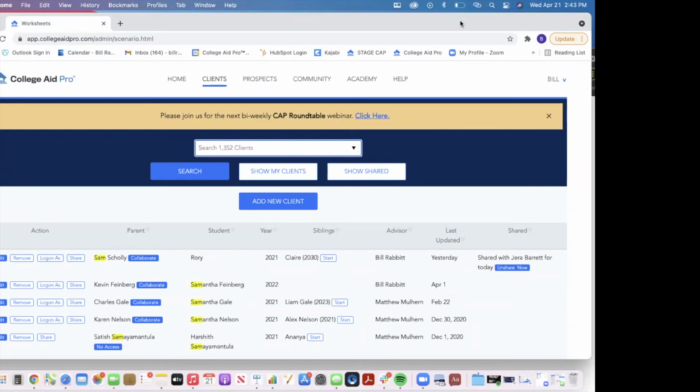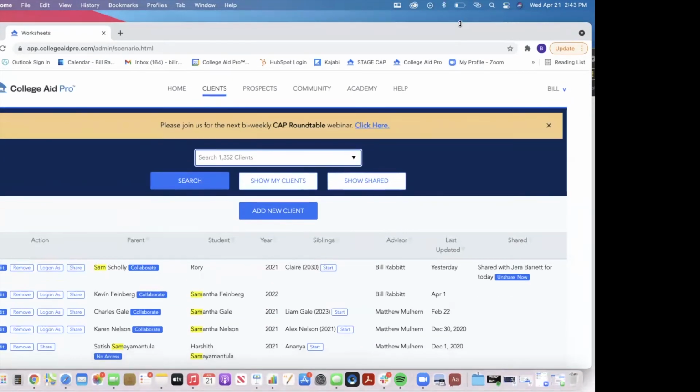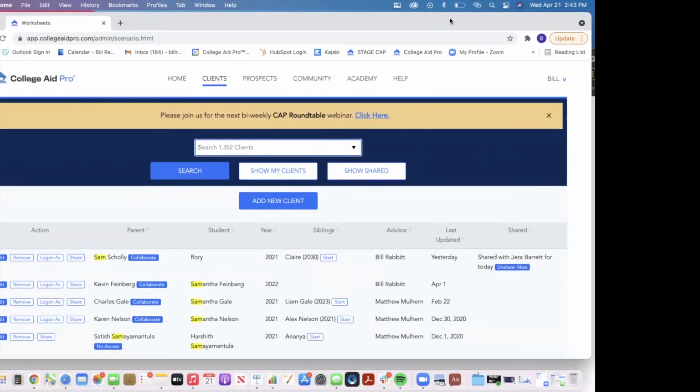So one of the pieces of feedback that we've gotten was, hey, listen, I've got a small office, or I'm at a credit union or a bank. We would love to have a solution for a small office, or we have an even larger team. We would love to be able to have everyone within an organization share cases, things like that. So we took that feedback, we went to work, and this is what we came out with.